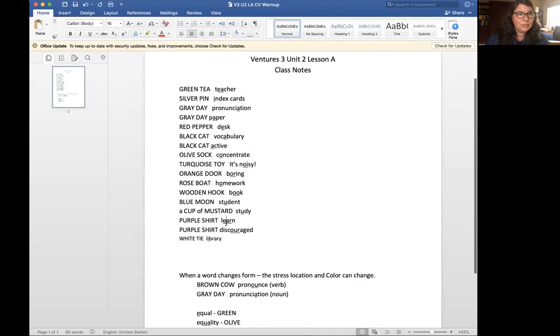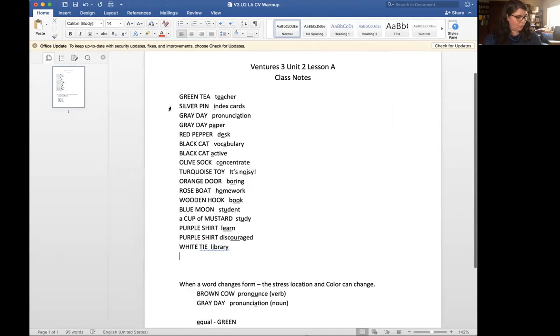Oops, this is a little bit smaller. 1 second. There we go. So going through the color vowel chart, I gave you different words for each color, even if they weren't in that listening.